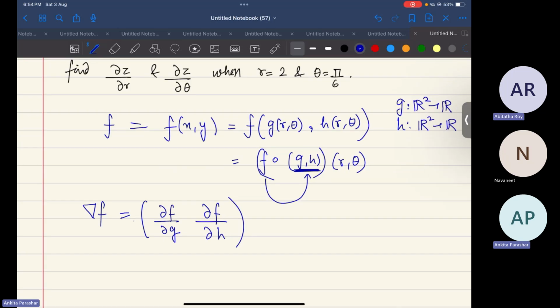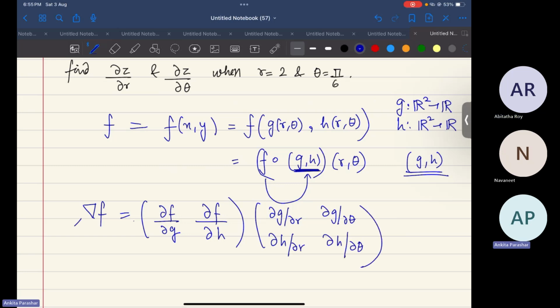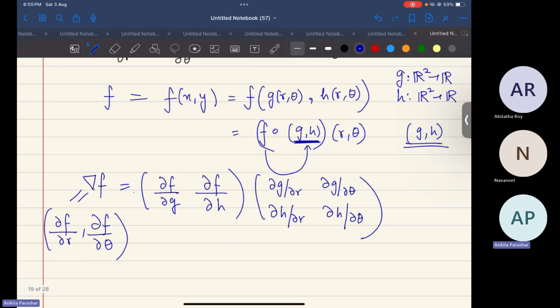Because we are taking the composition g comma h, it will be del g by del r, del g by del theta, del h by del r, del h by del theta. But this is the same as del f by del r and del f by del theta. Now equate.